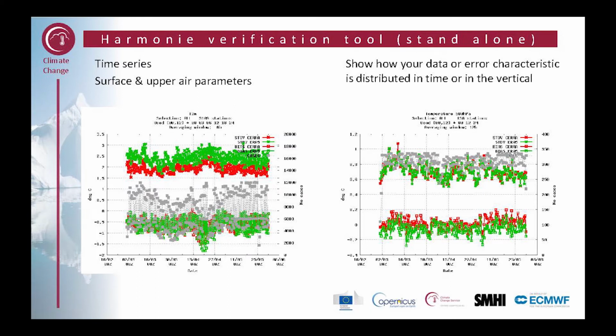The gray squares there are the number of cases. We don't have to care about those so much. But the right side shows the upper air temperature at 500 hectopascals, and there you can see it is more similar to ERA5. It's hard to say which one is actually the better there.